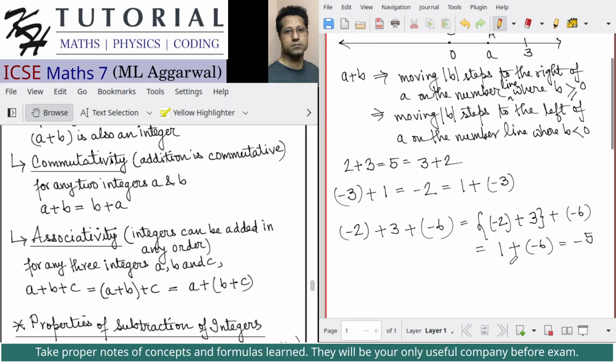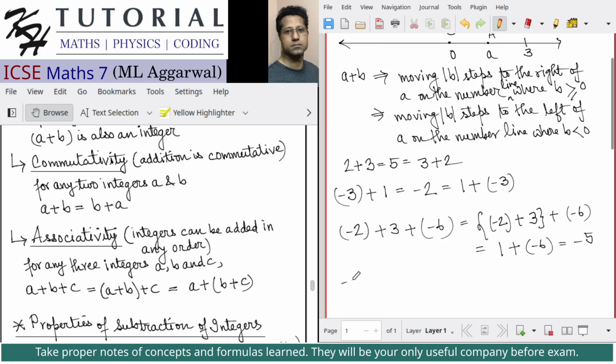So minus 5 is the result when I added minus 2 and 3 first, and then I added minus 6 to the result. Now if I add the last two integers, the second and third integers, and add that result to the first one, it should also give the same result, minus 5.